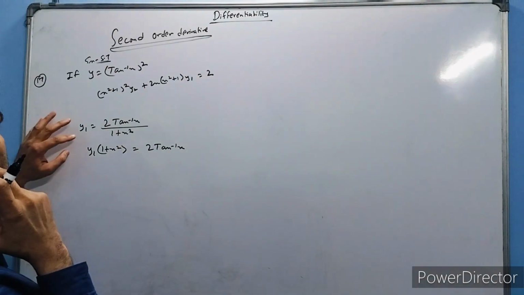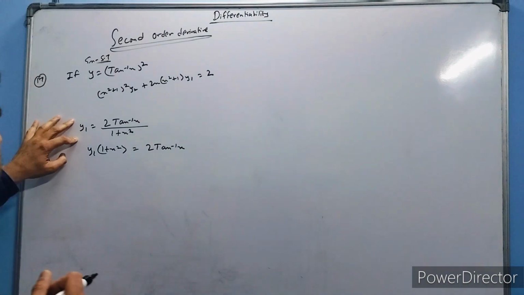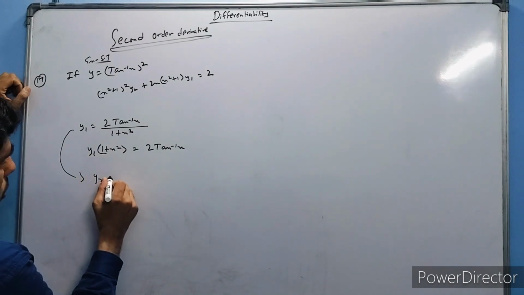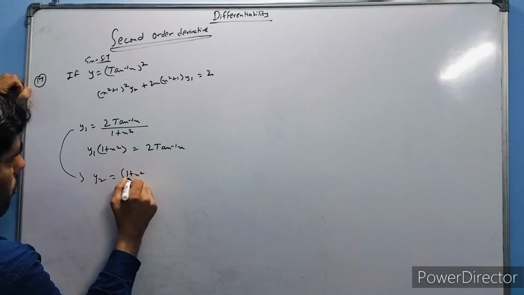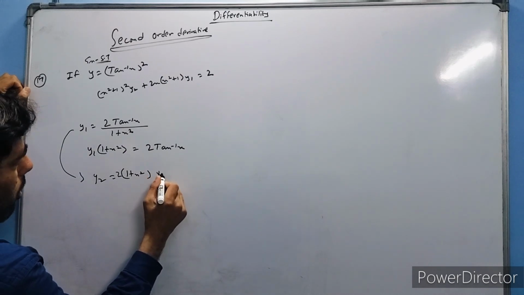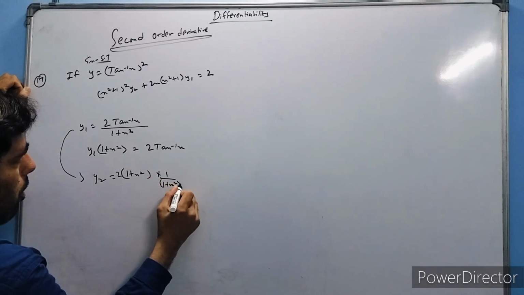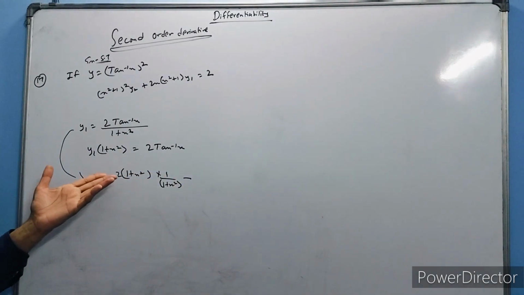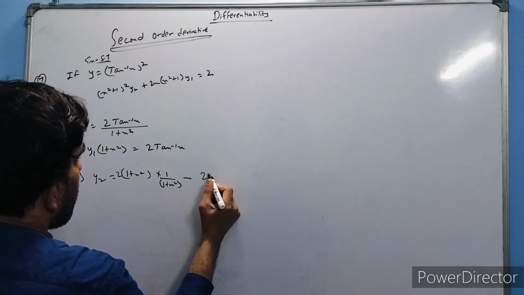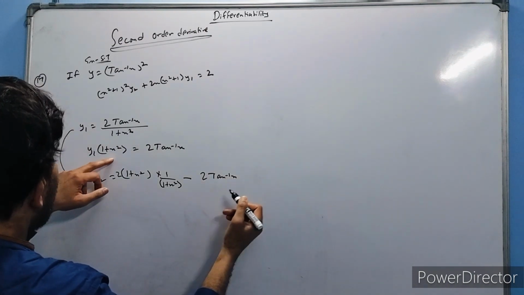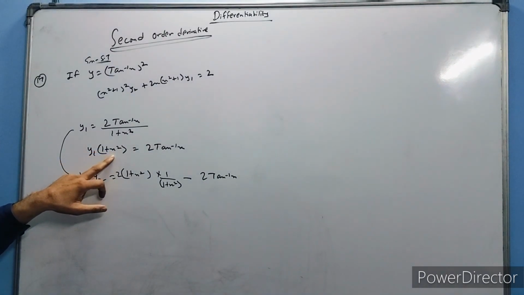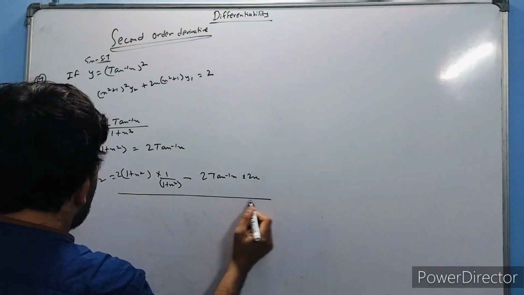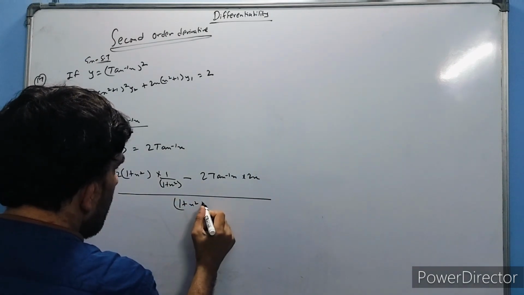Now y2 will be 1 plus x square into 2 into the differentiation of tan inverse x, which is 1 upon 1 plus x square, minus, if we differentiate this, we need to take tan inverse x common and differentiate the 1 plus x square, so we have 2x upon 1 plus x square whole square.